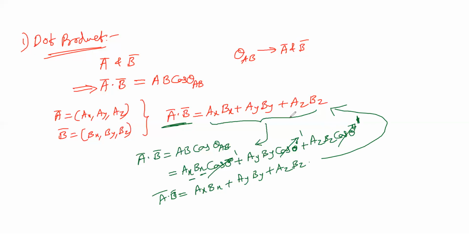Whereas in the opposite case, let's look at it. A bar and B bar are represented in different coordinates. Let us consider Ax and By.